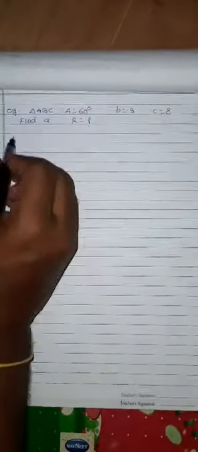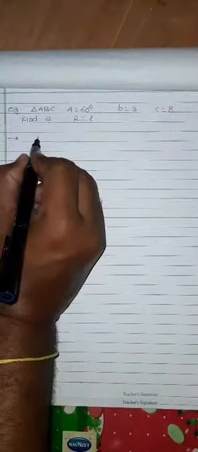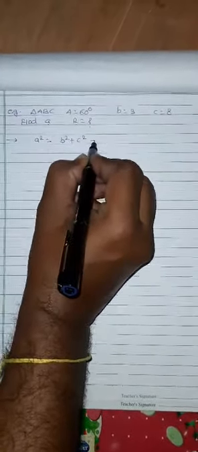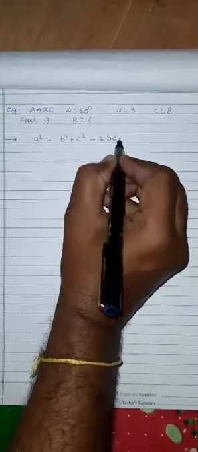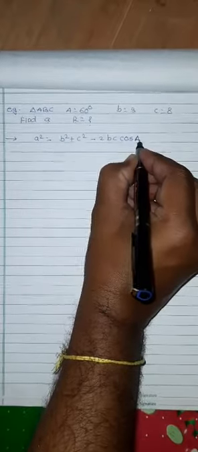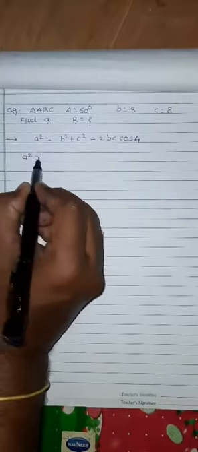By using the cosine rule, we use the formula for the cosine rule. We have to find small a, and R is the circumradius. Now we take the cosine rule. Suppose a square is equal to b square plus c square minus twice of bc cos of capital A. Now put all these values in this equation, a square we have to find.